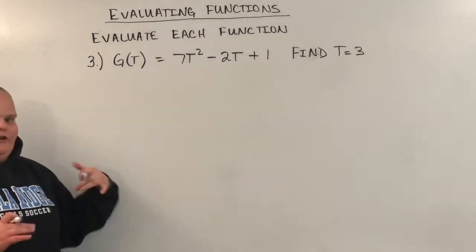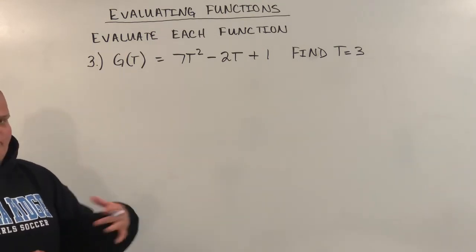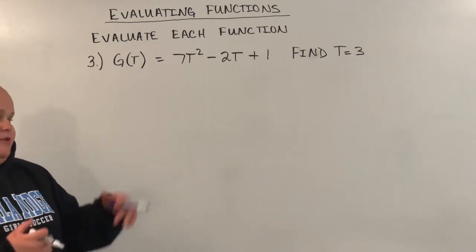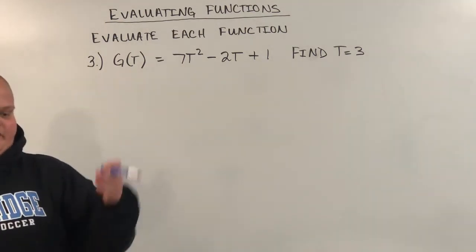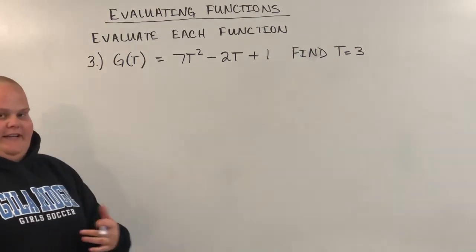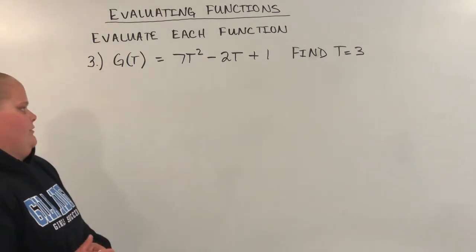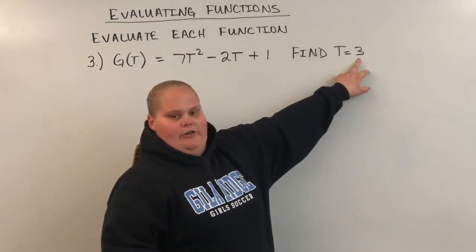G of t, functions don't always have to be f of x or f of p or f of what. It doesn't always have to be f. It can be g, a, b, c, it can be any letter. So a function doesn't always have to start with f. So just because this looks different doesn't mean that anything's changed. We're still going to look at every place where we see a t, and we're going to plug in the value of 3.